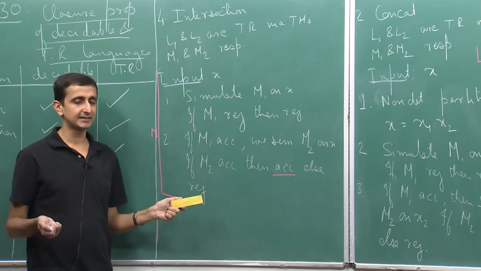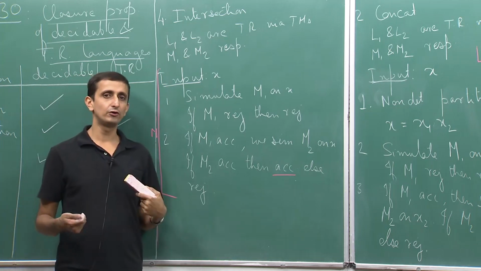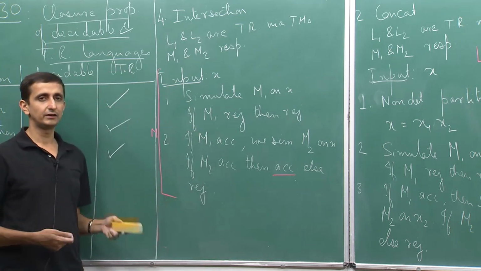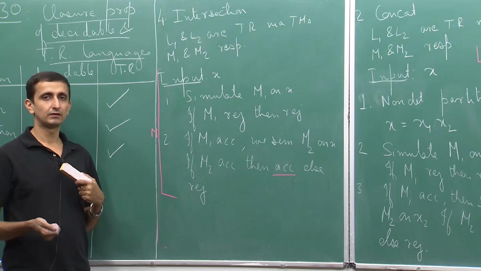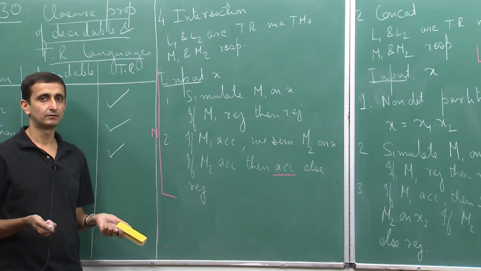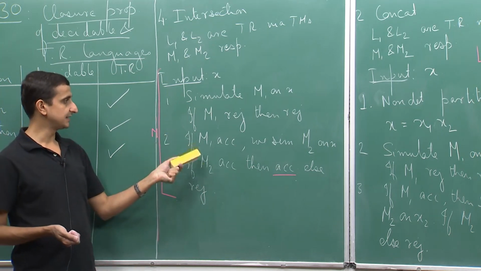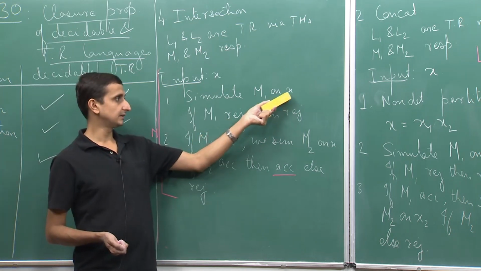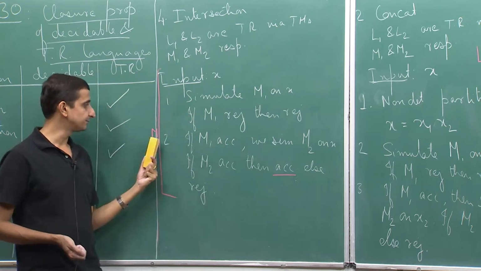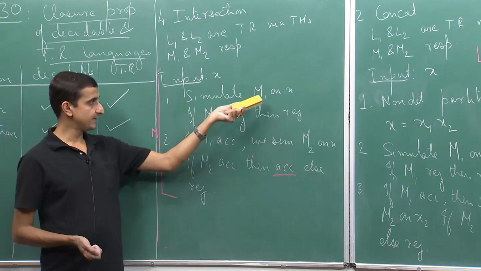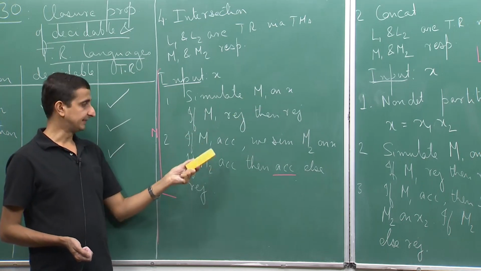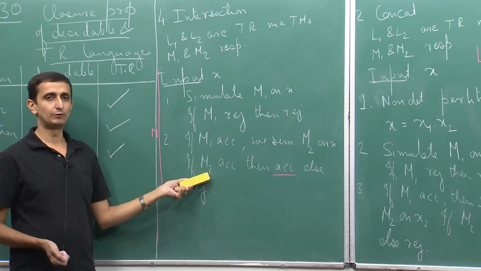So, in the case of intersection, we can afford to run the computation in series, one after the other, because here what is necessary is that if x has to be accepted by M, it must first be accepted by M1 and then it must be accepted by M2.